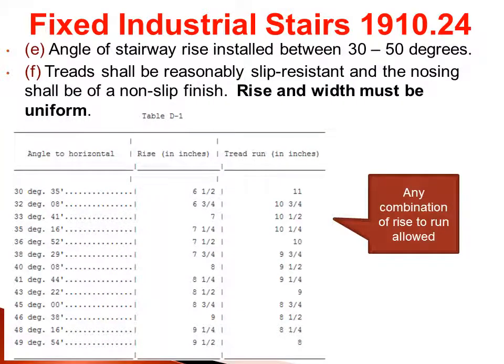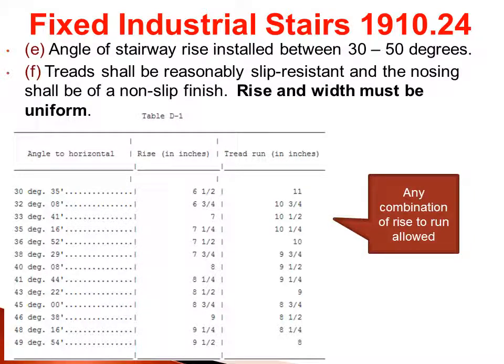So the angle of the stairway is the difference between the rise and the run, and they should be between 30 degrees and 50 degrees. And the tread length over the tread rise, as long as they're uniform, they will be within the standard.